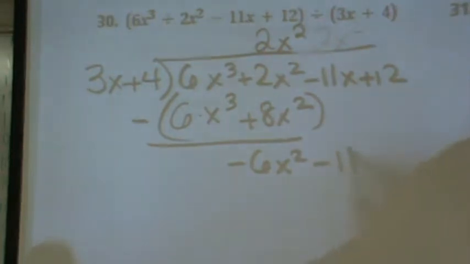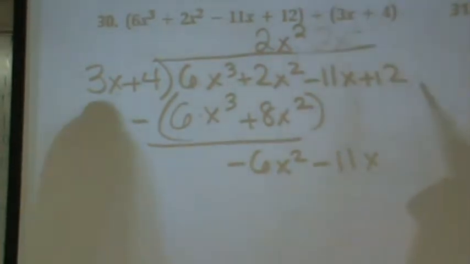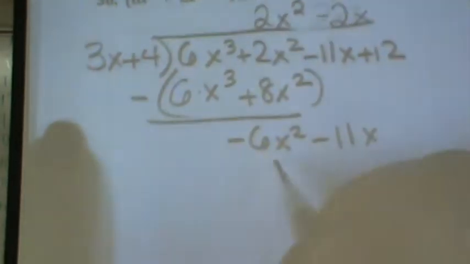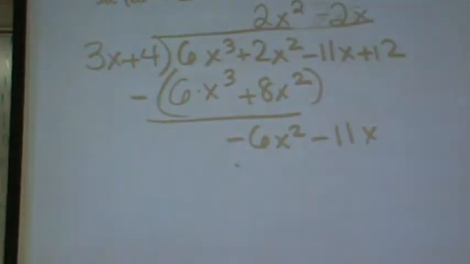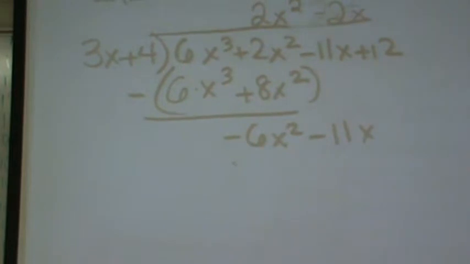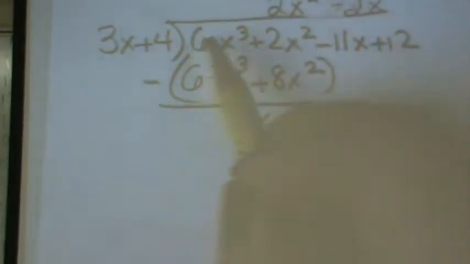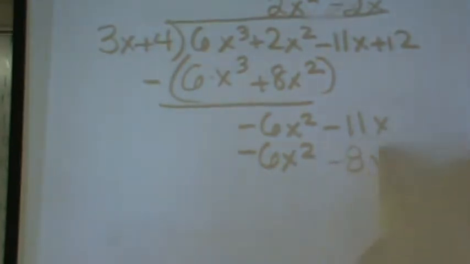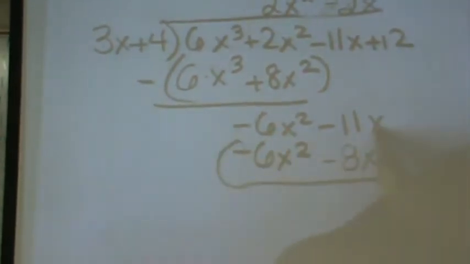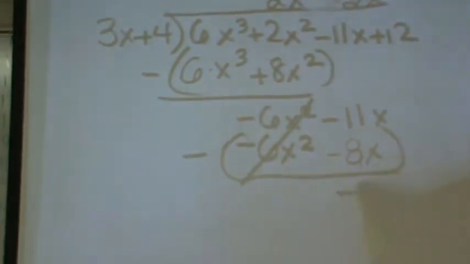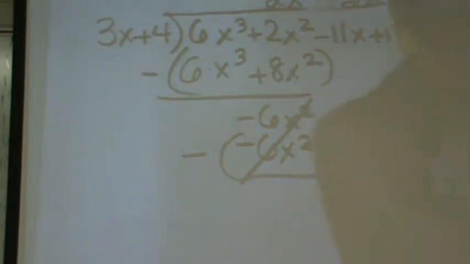Bring down -11x. Now we need a -2x, because this times this is -6x squared, and then this times this is -8x. Subtract, this is going to turn positive, those cancel. So you have -3x, and then bring down your 12, and you have -1.